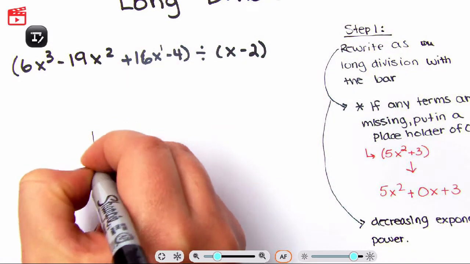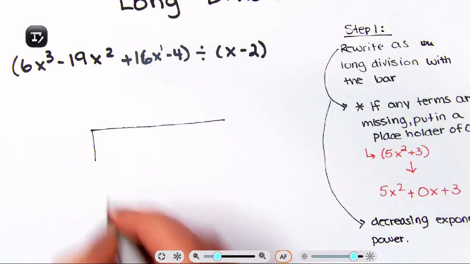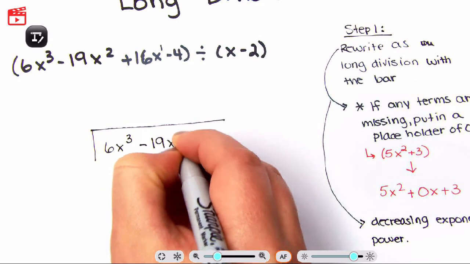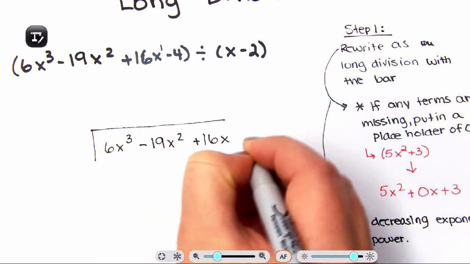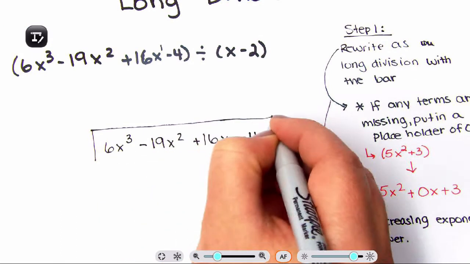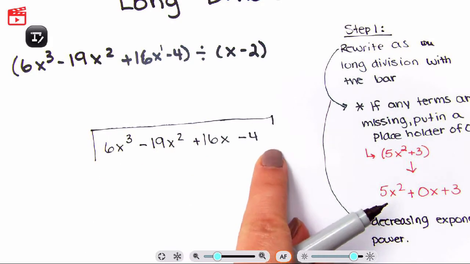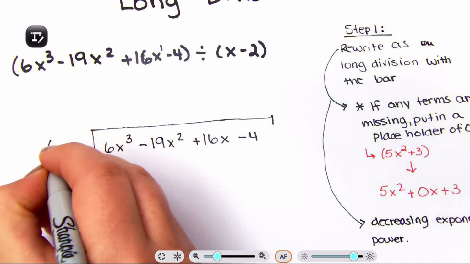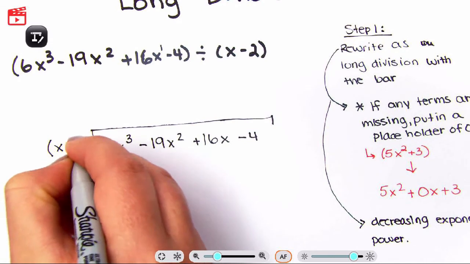So my first thing is I'm going to set it up just like a regular division problem. I'm going to say 6x cubed minus 19x squared plus 16x minus 4. So this right here is my dividend. And what I'm dividing by is my divisor, x minus 2.